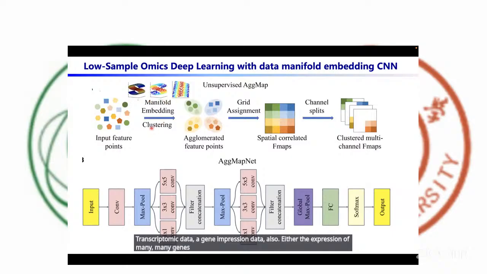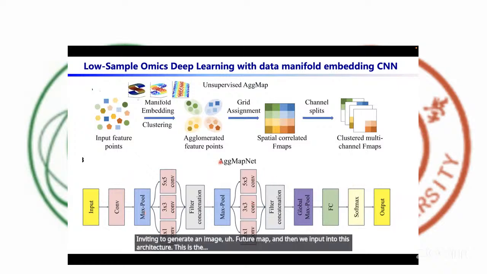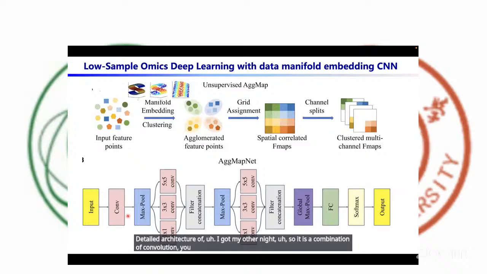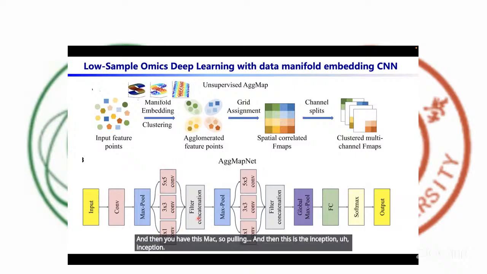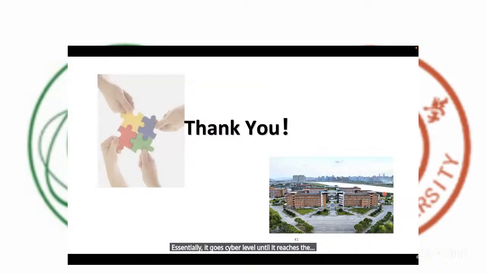We use manifold embedding to generate an image feature map, and then input it into this architecture. This is the detailed architecture of AgMapNet, a combination of convolution, max pooling, and inception. It goes through several levels until it reaches the final output.